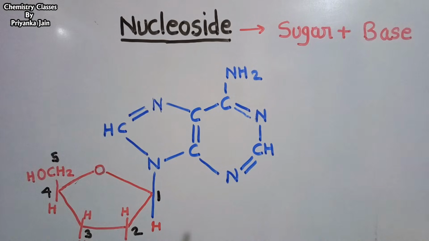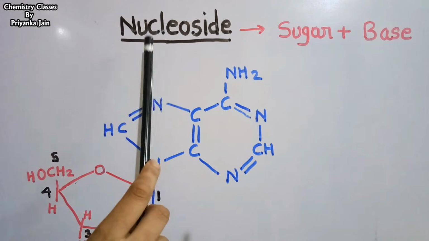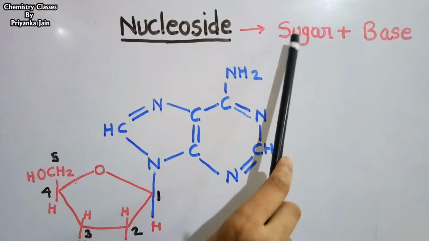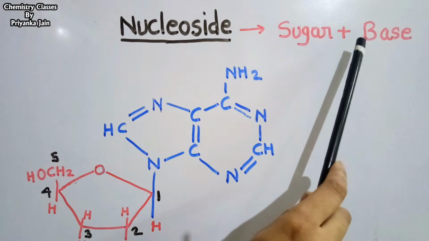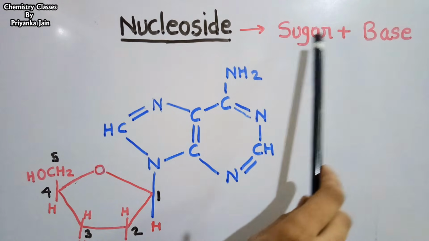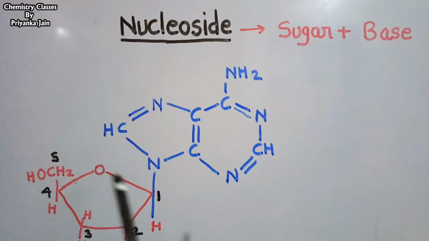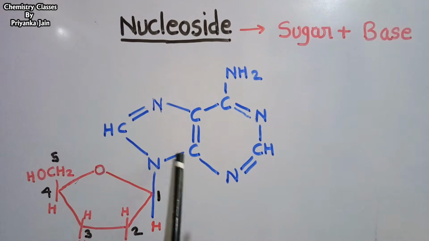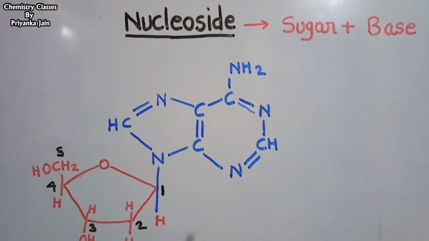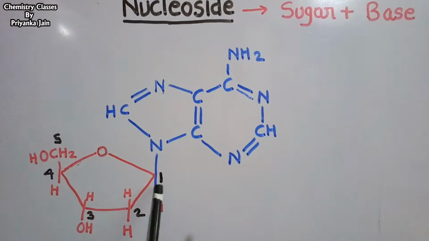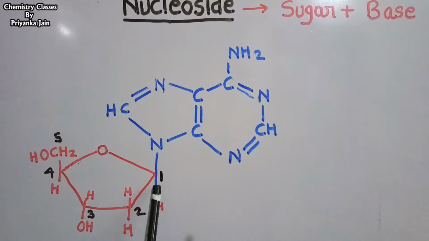Now we see the structure of the nucleoside. What is a nucleoside? It is the combination of sugar with a base. It means when the sugar combines with the base, then a nucleoside is formed. Suppose this is a base, adenine, and then this combines with the sugar, deoxyribose sugar, at the C1 carbon atom of the deoxyribose sugar.